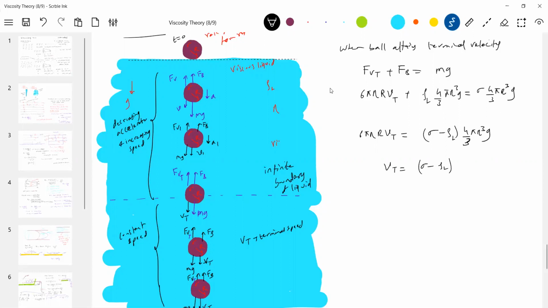Shall we do one thing? 2 will take outside, so this will become 2 by 9. 1 pi r will also get eliminated. Look at the formula, 2 by 9. So this is the expression for the terminal velocity.